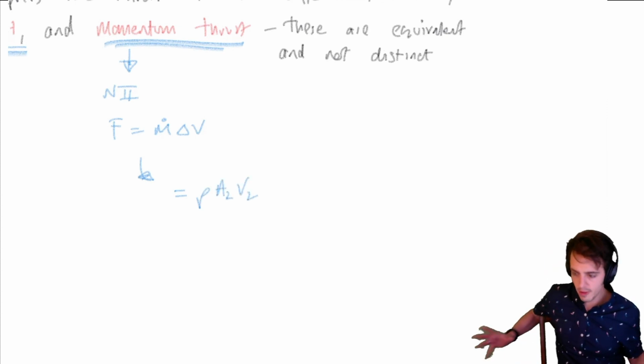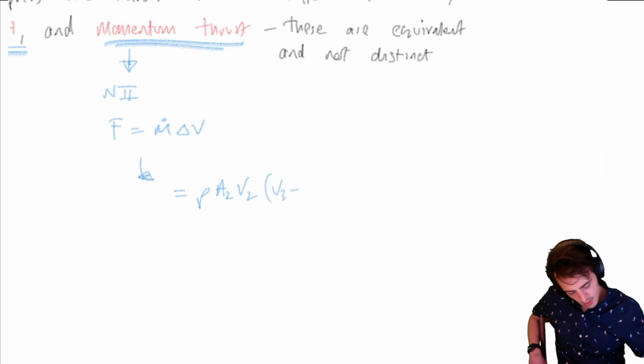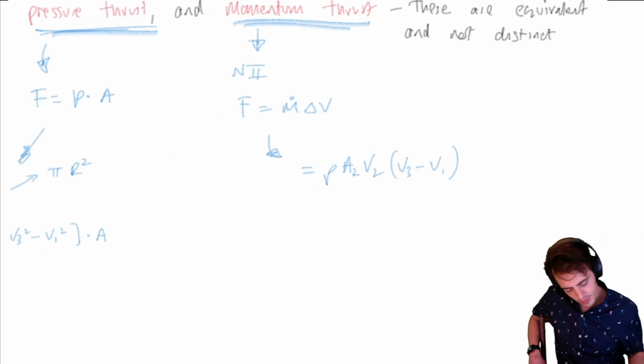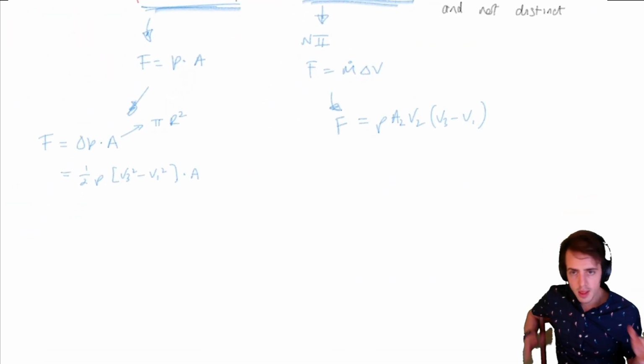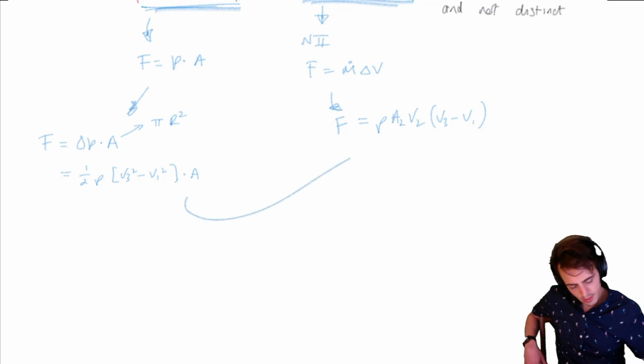And then our velocity difference is V3 minus V1. So we've got these two things here. We've got F is equal to these two. These have to be equal to each other.